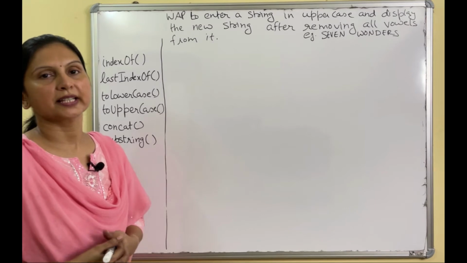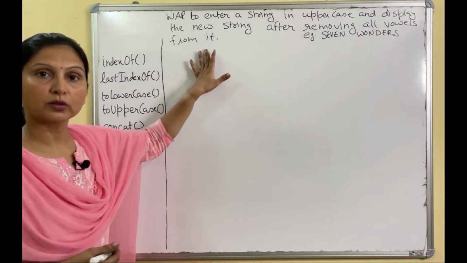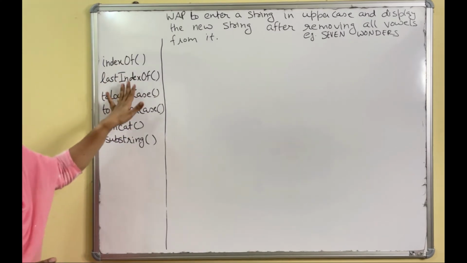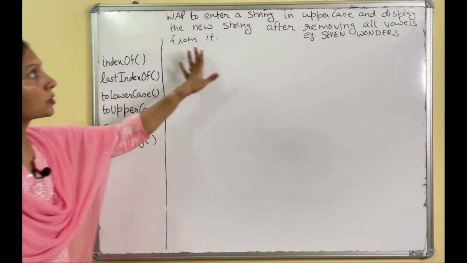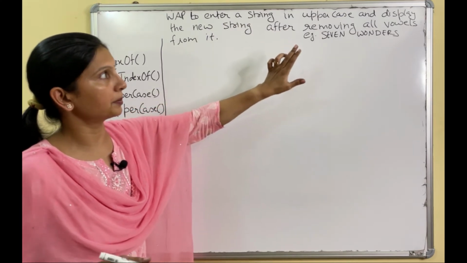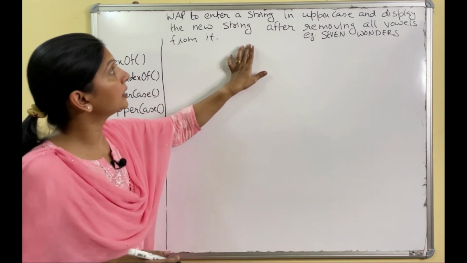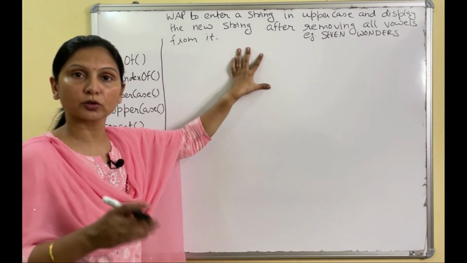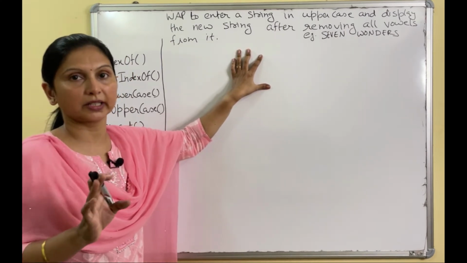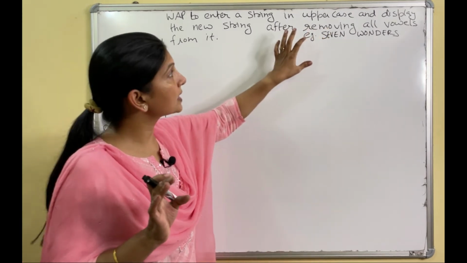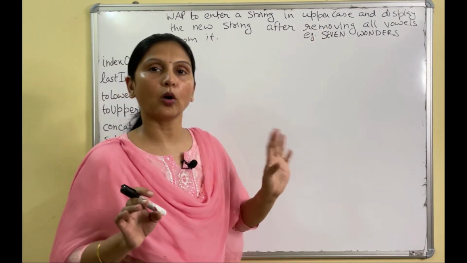So now we will see a few programs based on the string operations which we have just done, like index of, last index of and so on. So the first program is: write a program to enter a string in uppercase and display the new string after removing all vowels from it. So you need to input a string and the output should be the string after removing all vowels.